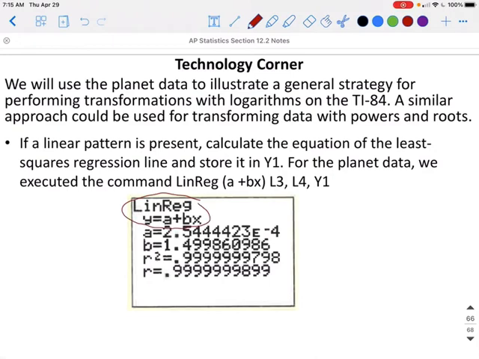This time, you need to make sure that your x list is list 3 and your y list is list 4. To get list 3 and list 4, you just hit second and the number 3, and then second and the number 4. We're going to store it into y1. Remember that you hit vars, go over to y vars, select function, select y1, and then you can calculate, and it will give you your equation for the linear regression using those logarithms.